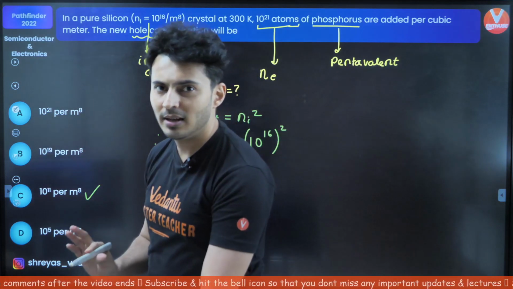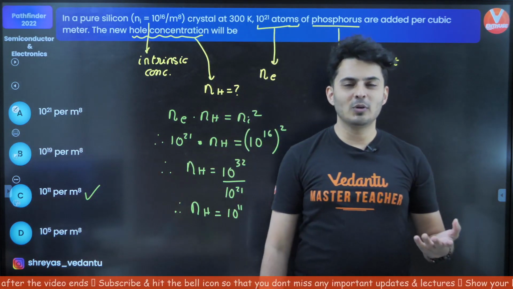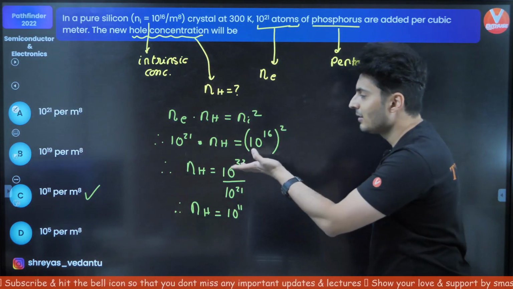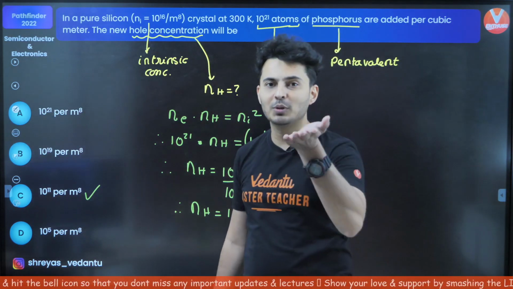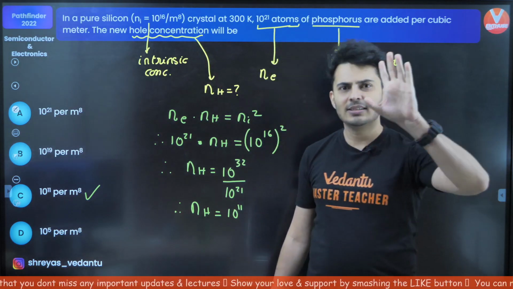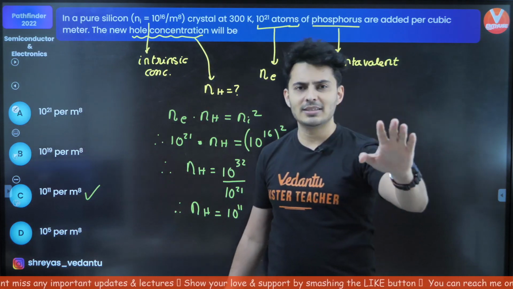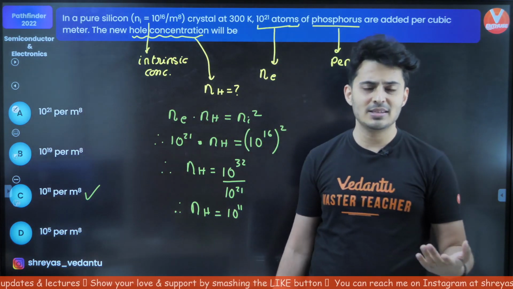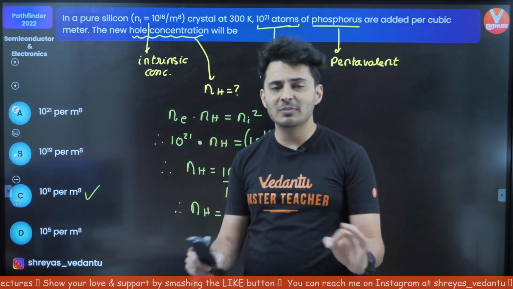Isn't it simple? If you get such a question, do you want to leave it? These are bonus, free marks served to you on a platter. It's just a matter of whether you can watch this lecture, understand it, go back and solve the homework and also the assignments. That's it. Trust me, your job is done.